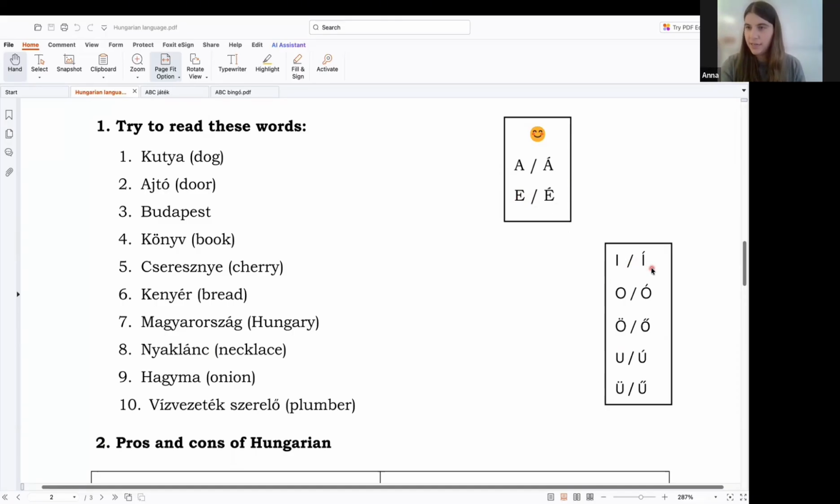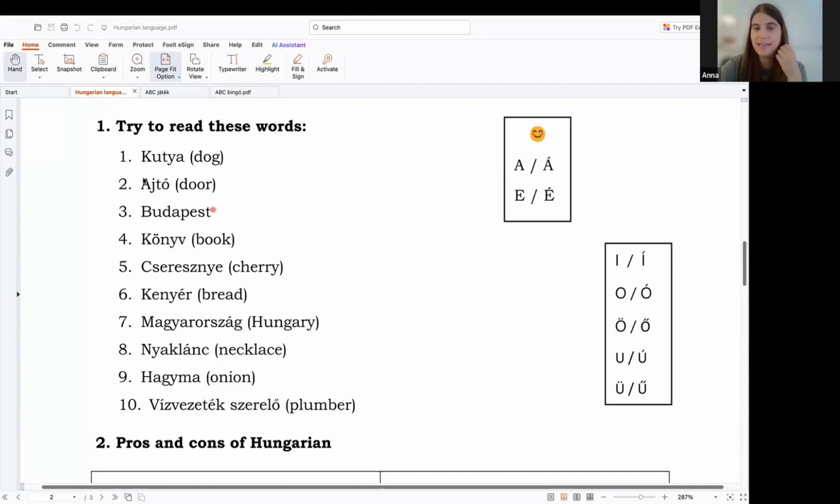When you see the longer line, you have to make it a bit longer. I, Í, O, Ó, Ö, Ő, U, Ú, Ü, Ű. And if you start to count, it is actually 14 vowels, but not all of them are completely different vowels.